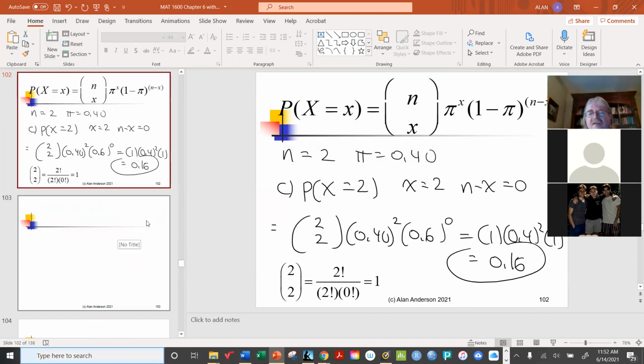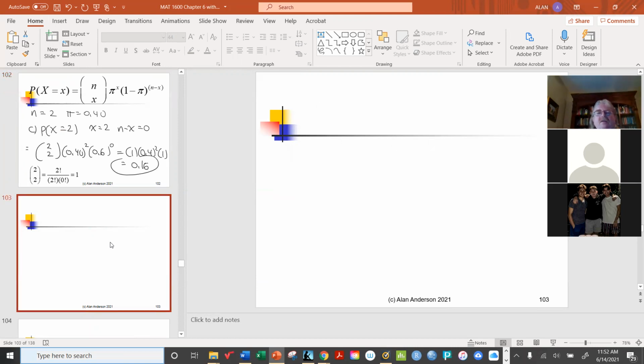In other words, it has to be a valid probability distribution. All right, so we'll gather up all the results and put together a little table.